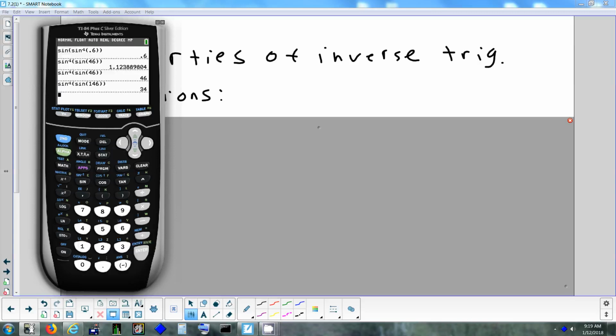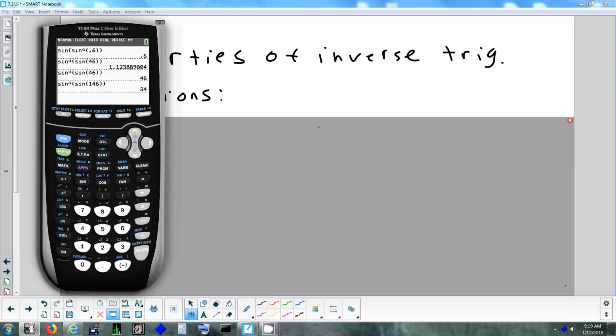Did I get back what I started with? No, I got 34. What is that 34 compared to the 146? We just talked about this in the last section. Yeah? It's a reference angle. So sometimes it worked, sometimes the reference angle came back different.